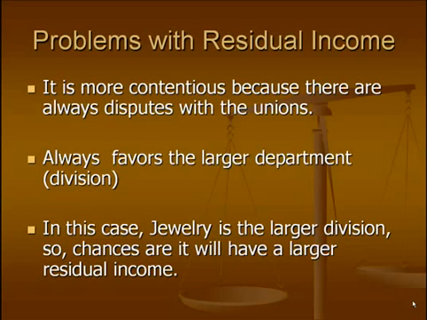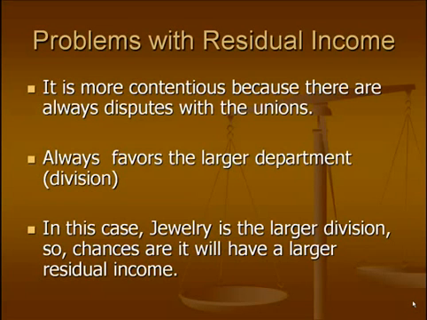That's one of the disadvantages of residual income. Residual income could be a function of size and not efficiency. So what's the solution? How do you know which department is doing better? There's a homework problem which you'll have to do which deals exactly with this issue.